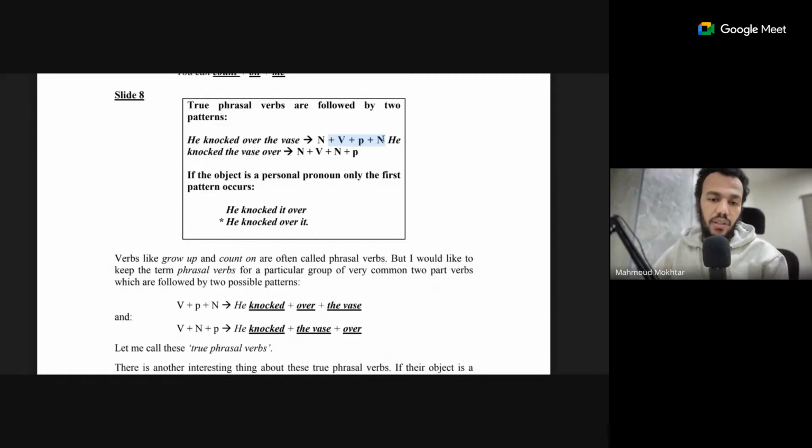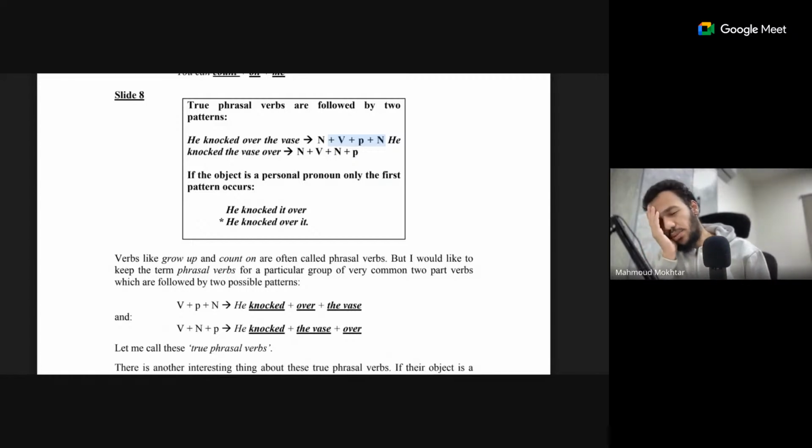Okay, so now we're talking about these verbs. If the object is a personal pronoun, only in this case, the first pattern occurs. So we have noun, verb, particle, noun.